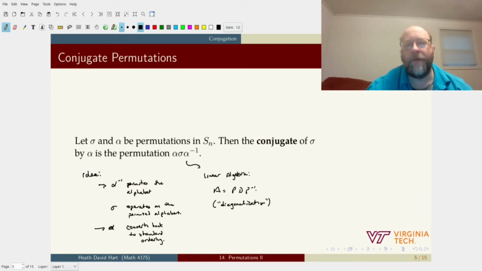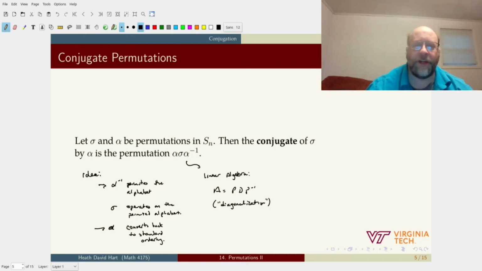P and P inverse were linear transformations. P inverse would transform the standard vectors I, J, and K, or whatever our standard vectors were, into vectors of a system in which this linear transformation was a diagonal matrix. And then we could see what the diagonal matrix did in this system. That was the idea.